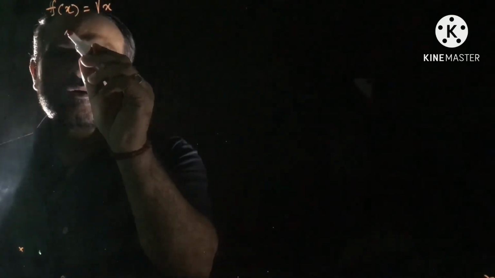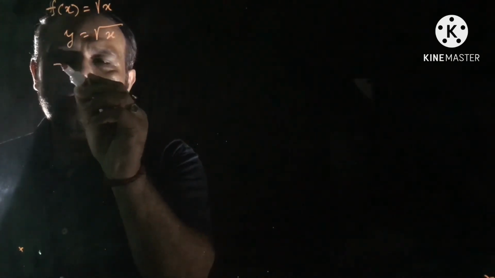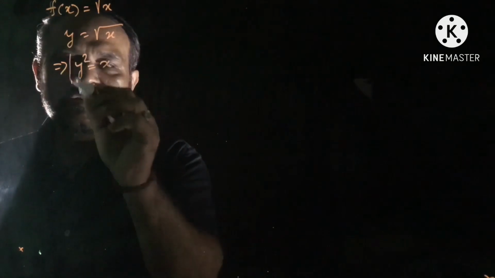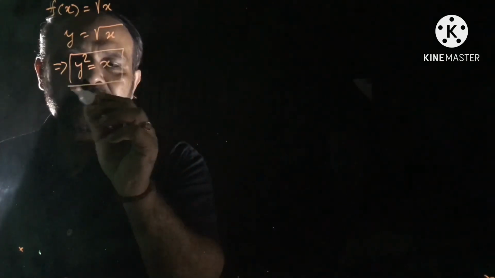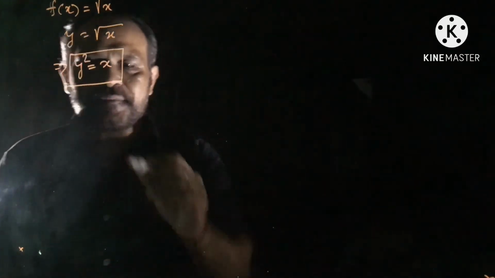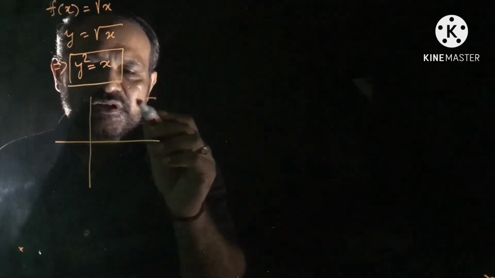If we take y equal to root x, on simplifying we get y square equal to x. This curve represents the equation of a parabola. Which type of parabola? This is the figure of this parabola.